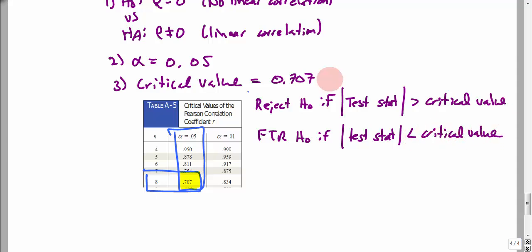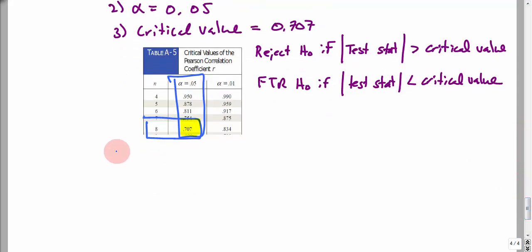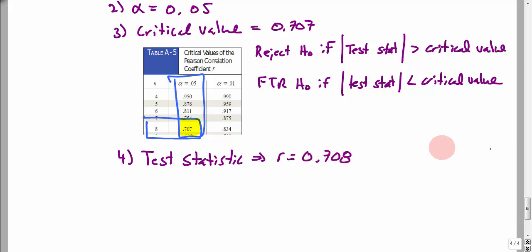So that's just a quick reminder. Okay, next we're going to look at my test statistic. I know the test statistic was given in the problem, and I believe it was R equals 0.708. So let's go up and look at that.